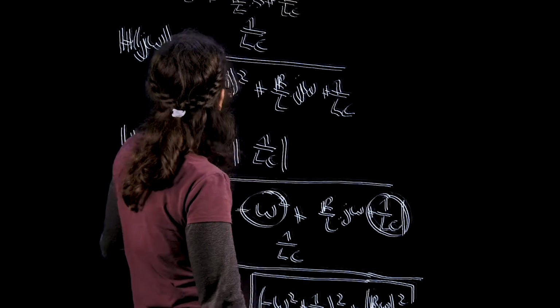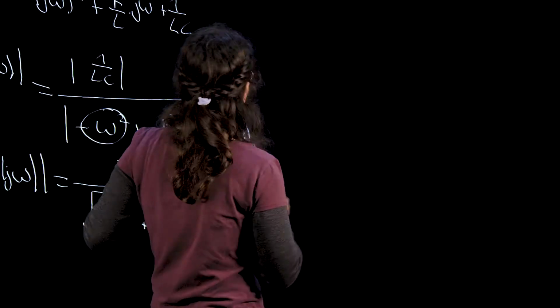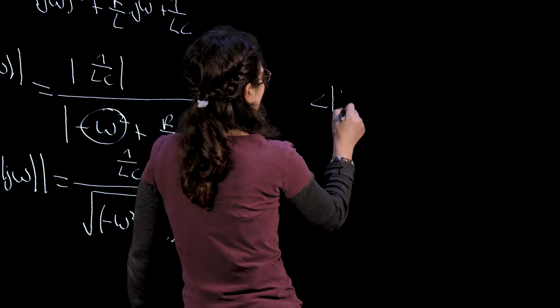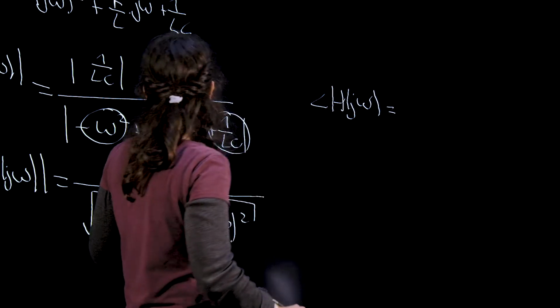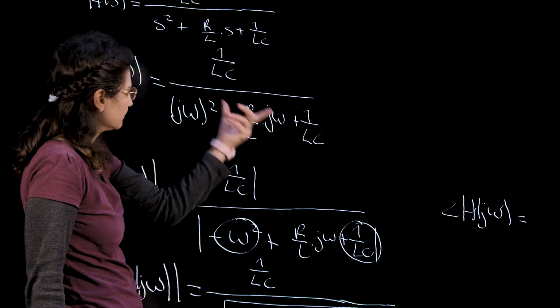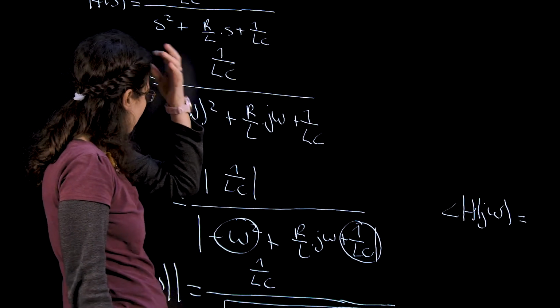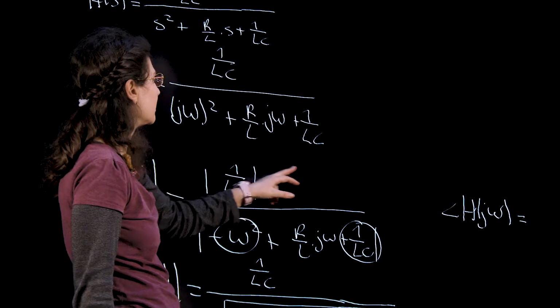And my phase would become, so this is my transfer function, and because we have a quotient, the phase of a quotient is the phase of the numerator minus the phase of the denominator.